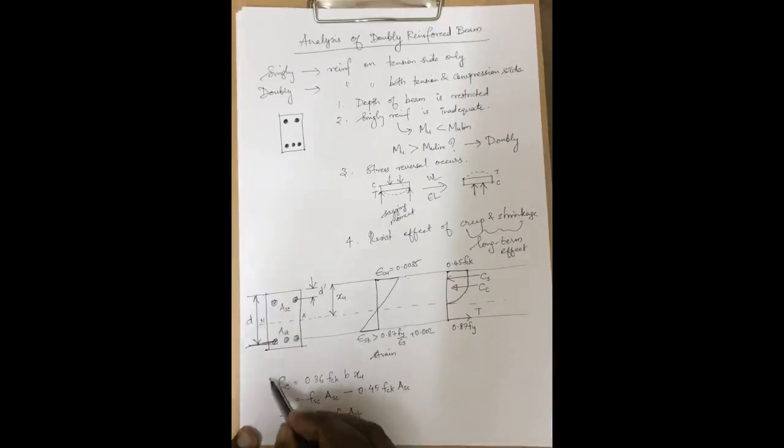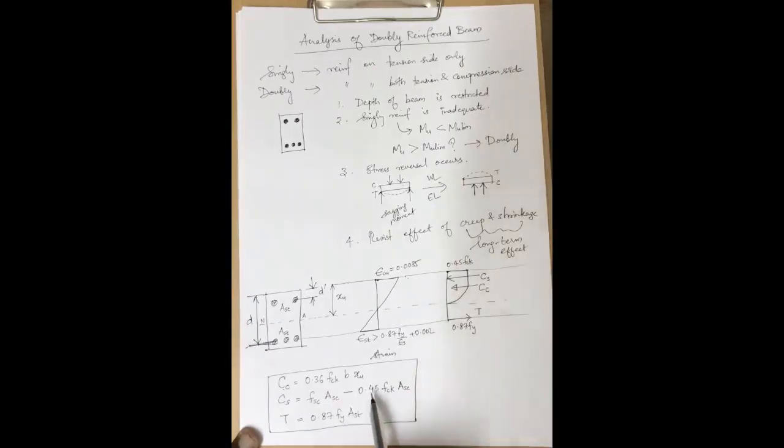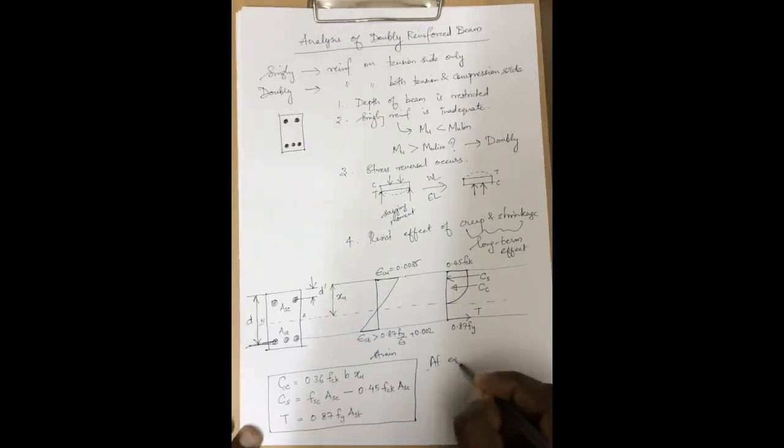So this set of equations is very, very important. You have to learn it by heart. CC is equal to 0.36 FCK BXU, CS is equal to FSC ASC minus 0.45 FCK ASC, and the tensile force is 0.87 Fy AST. At equilibrium, the compressive force should be equal to the tensile force. As a result, the compressive force due to concrete plus the compressive force due to steel is equal to the tensile force.